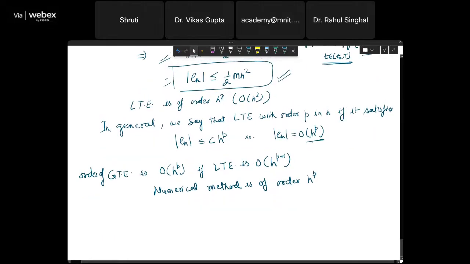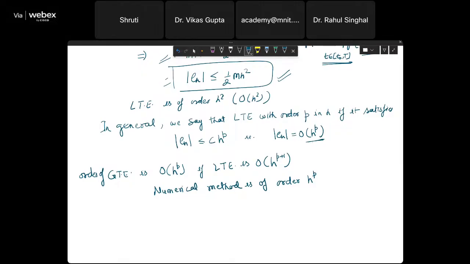So the intuitive explanation for having order h to the power p for the global truncation error, in case the local truncation error is of order h to the power p plus 1, is as follows.